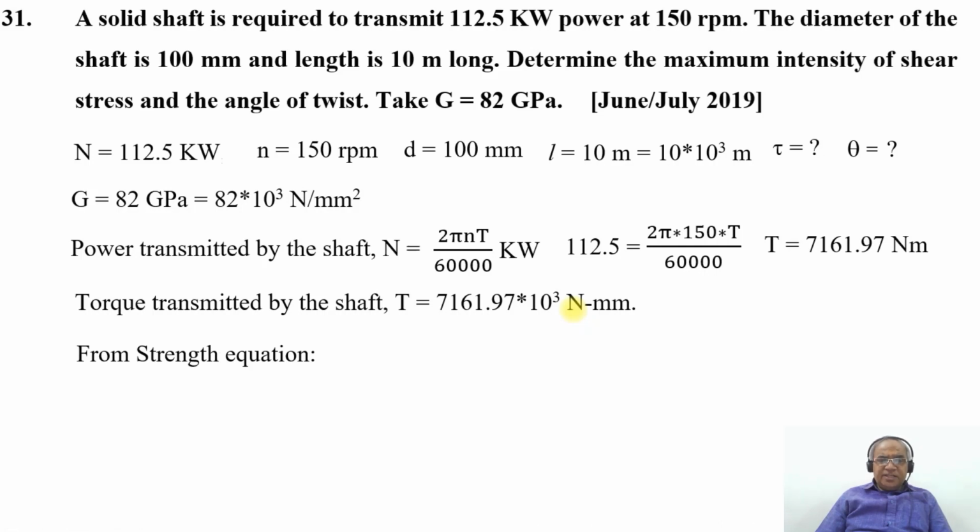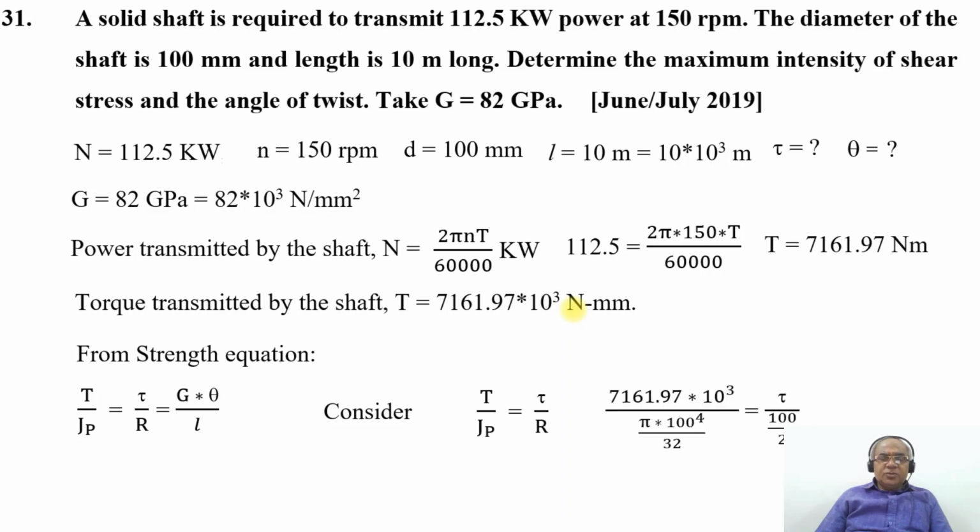Now from the strength criterion, we have T by Jp equals tau by R, which is equal to G into theta by L. So consider only T by Jp equals tau by R. Substitute the values: 7161.97 into 10 to the power of 3 divided by pi into 100 to the power of 4 by 32 will be equal to tau divided by 100 by 2.